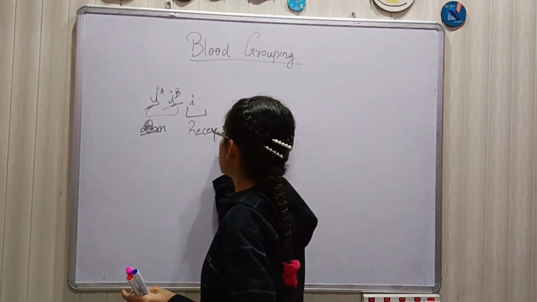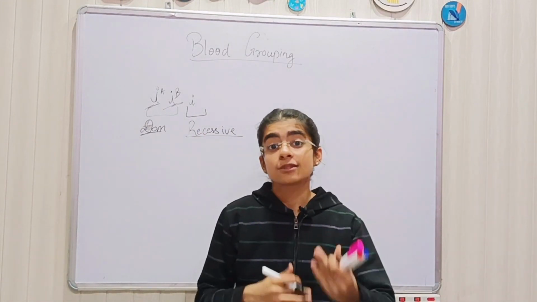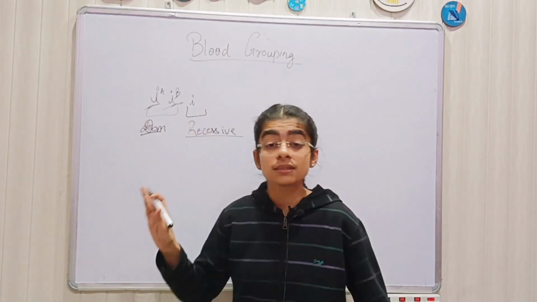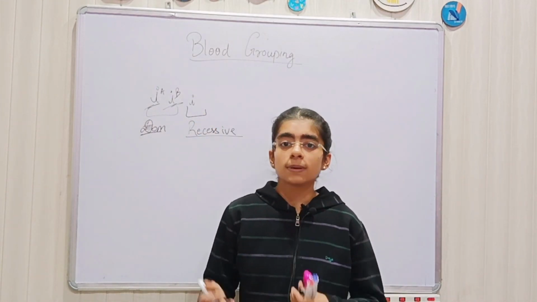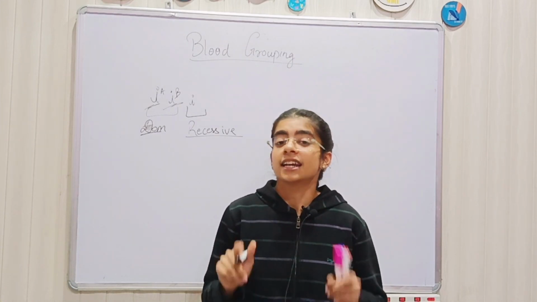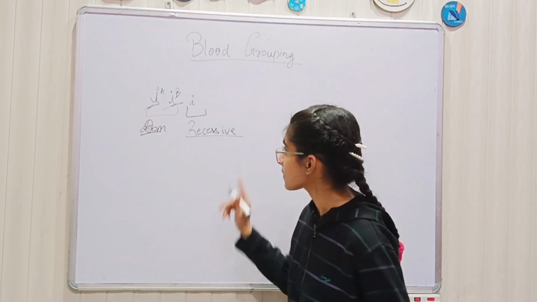I hope you understand what is dominant and recessive. Dominant is which will express over the recessive trait, and this I is recessive, so it will not express in heterozygous condition, it will only express in homozygous condition, that is II.